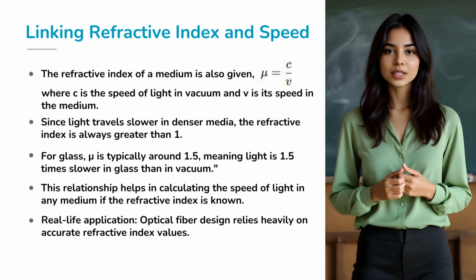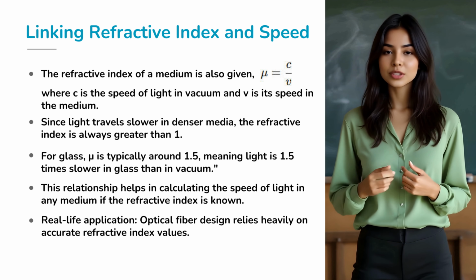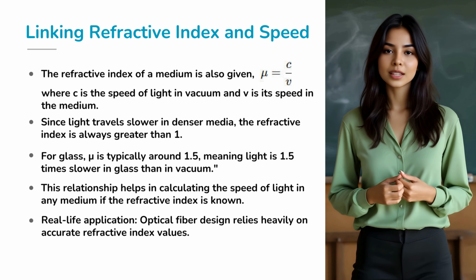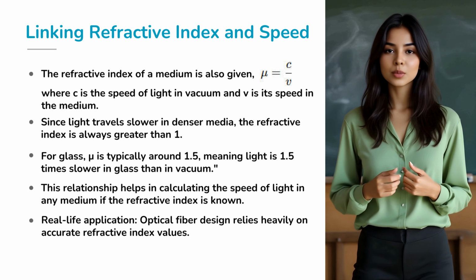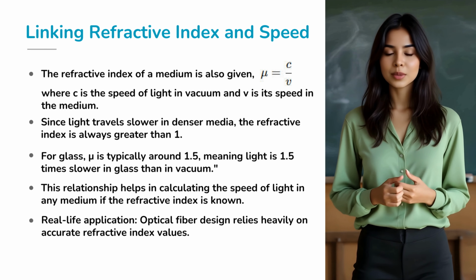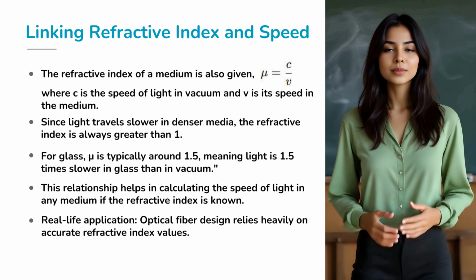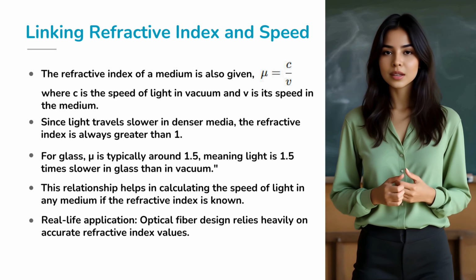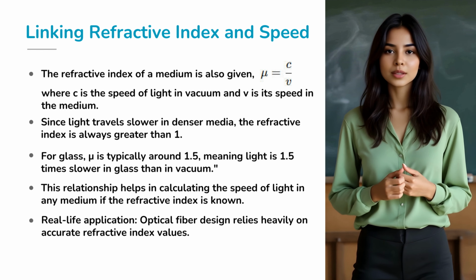The refractive index isn't just about angles, it's also about speed. We can define it as mu equals c divided by v, where c is the speed of light in vacuum and v is the speed of light in the medium. Because light always slows down in denser materials, mu is always greater than 1.